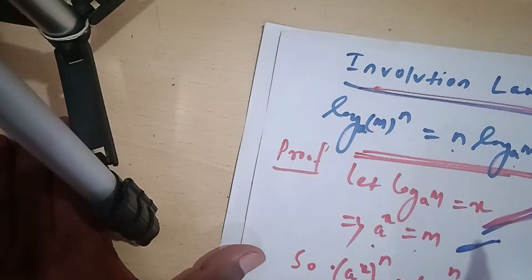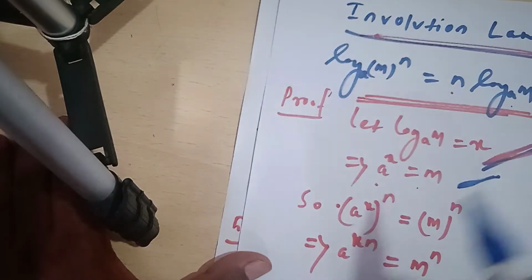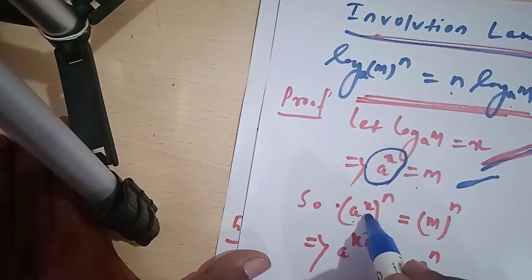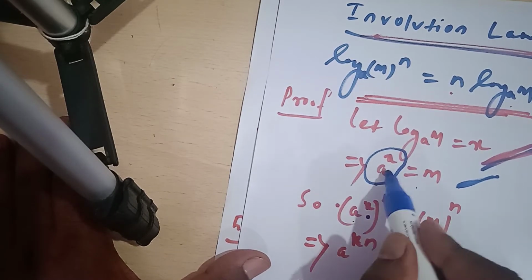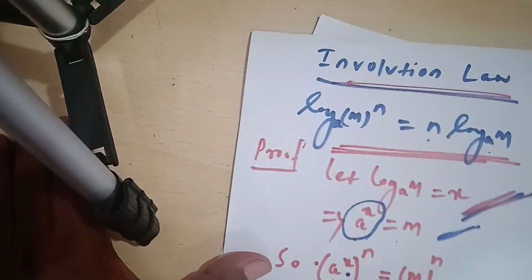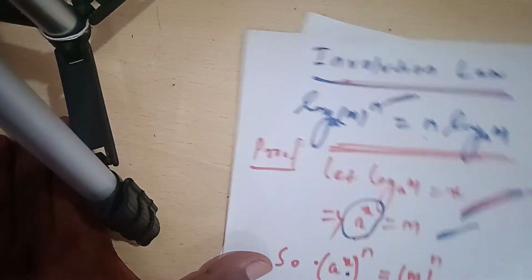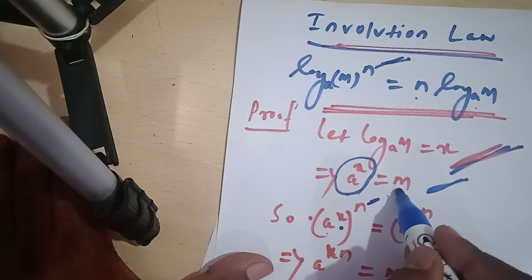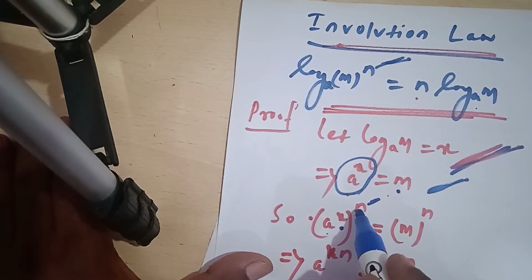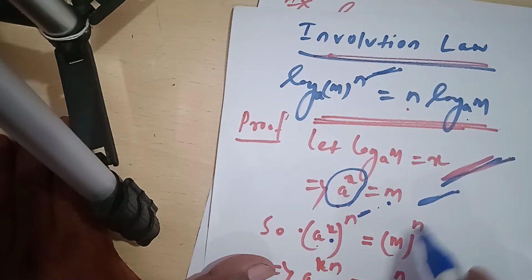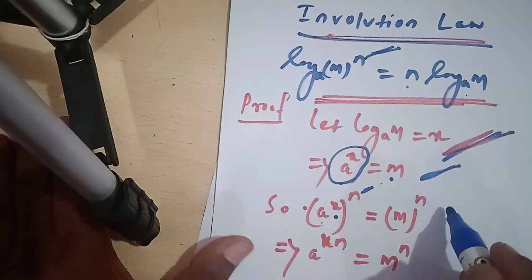Here, a to the power x, I have written a to the power x whole power n. As here I have n, so I have written m to the power n. As it is power n, on both sides I have kept m to the power n in a bracket.